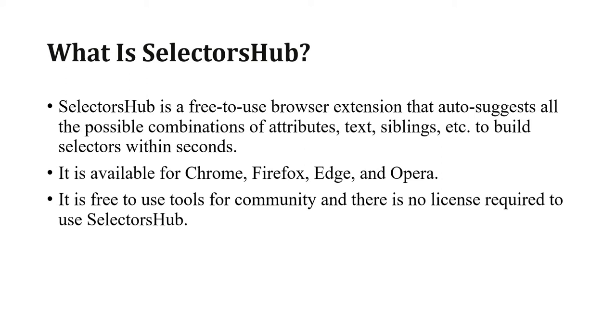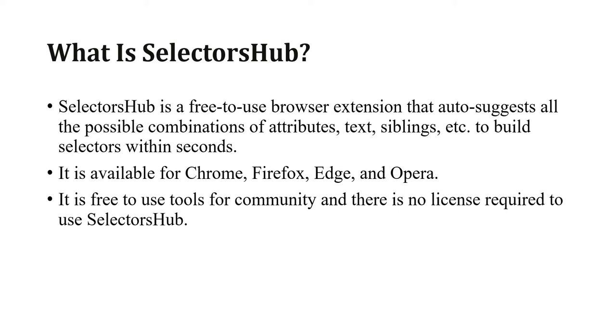To avoid this situation, the developers introduced the Selectors Hub tool. It is a free-to-use browser extension. Once you install the Selectors Hub, it is easy to find all the elements' locators.